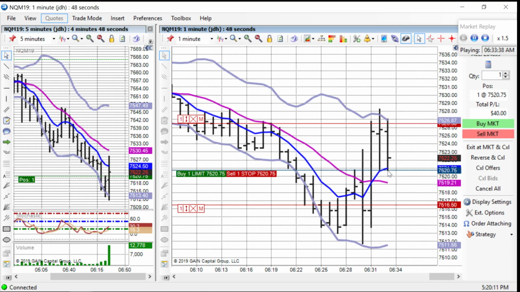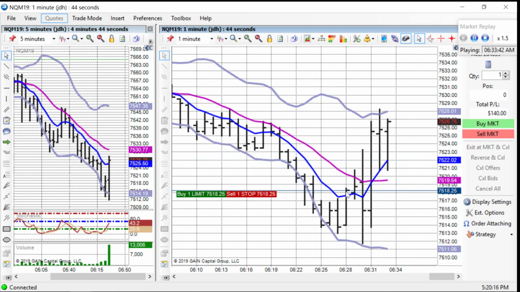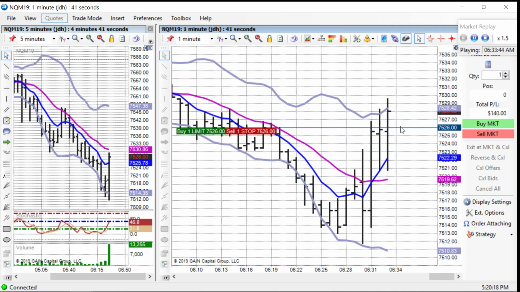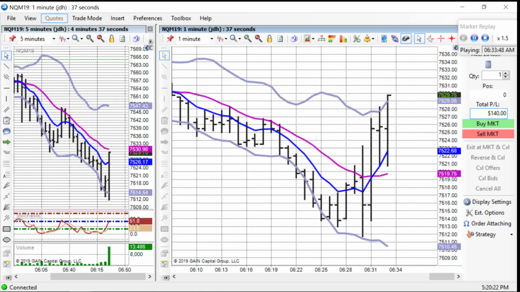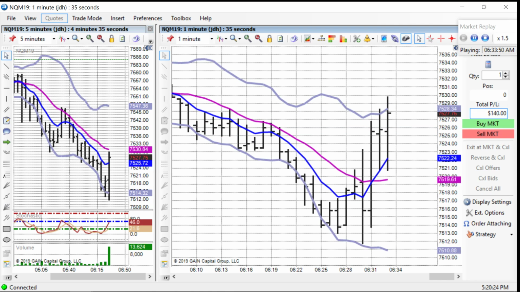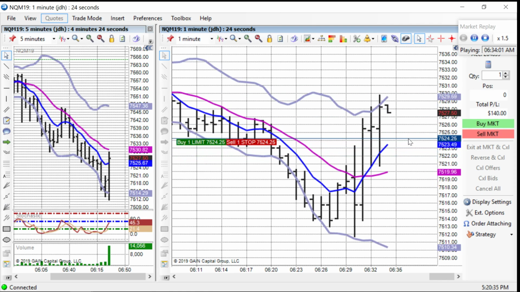So in this case, I'm not depending on momentum to get me into that trade. It probably wouldn't work out to $140, the first trade, but this market replay program isn't completely accurate to the way it works. But we'll try that again.